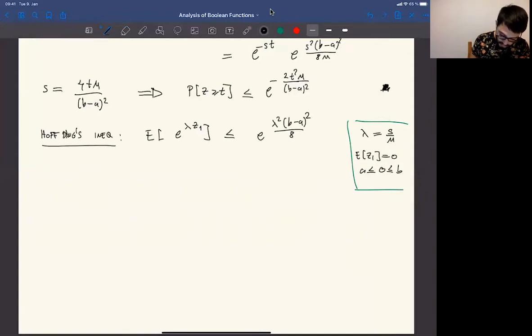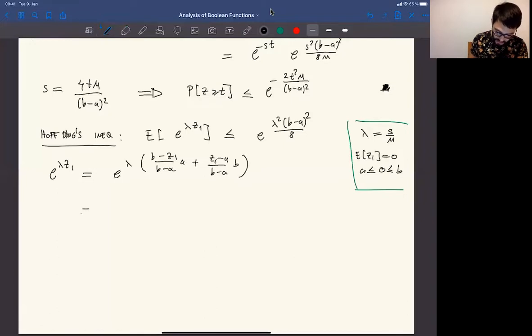And so what you do is you use the fact that this function here is convex. So you're going to use the fact that the exponential is convex to write this as, this is just an identity, and then use the fact that this thing is convex.